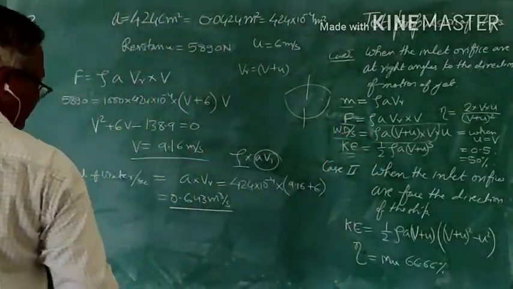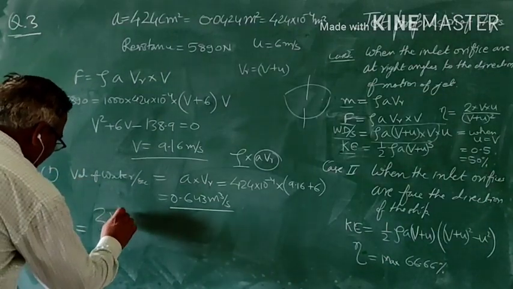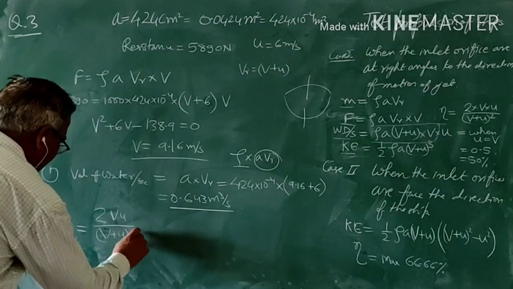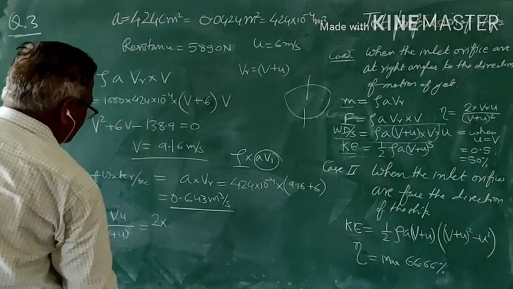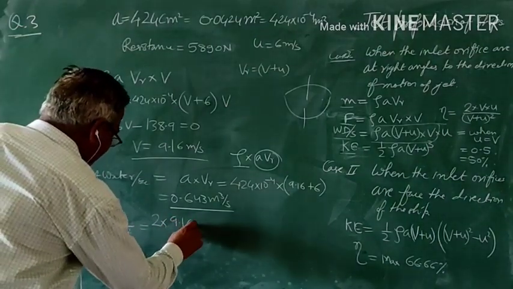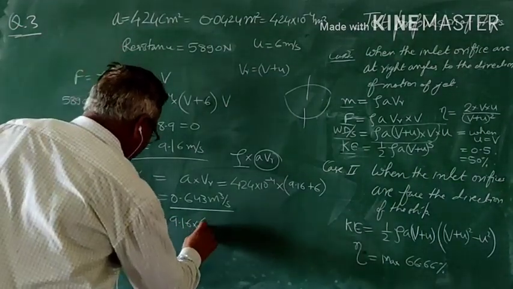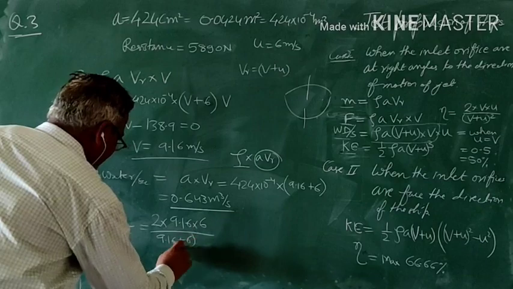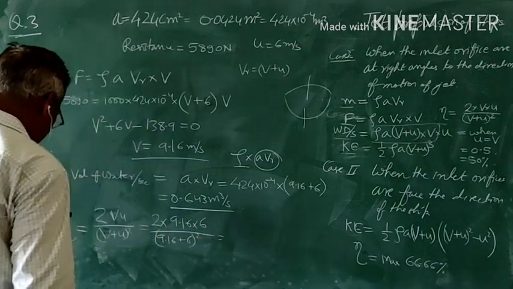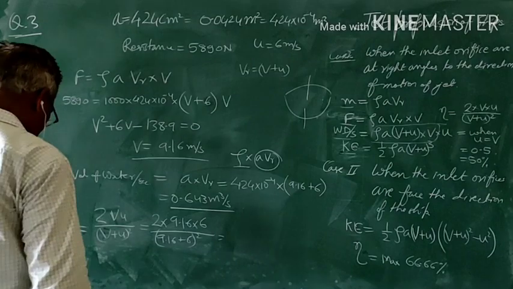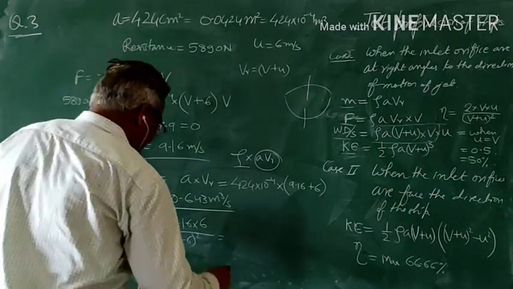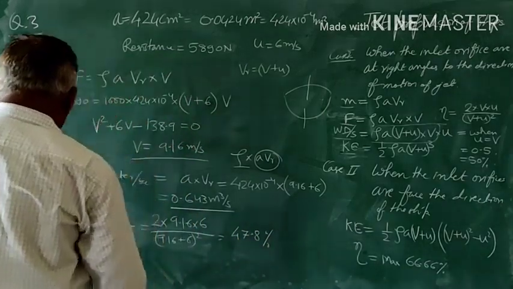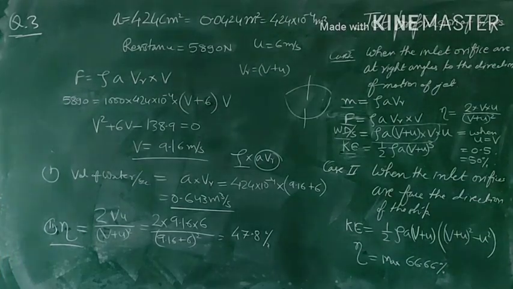So here we will directly use the formula 2V into U upon (V plus U) square. Substituting the values, 2 into V, that is 9.16, multiplied by U, that is 6, divided by (V 9.16 plus U 6) whole square. So it comes out to be 47.8%. So this way we can calculate the efficiency in this question.